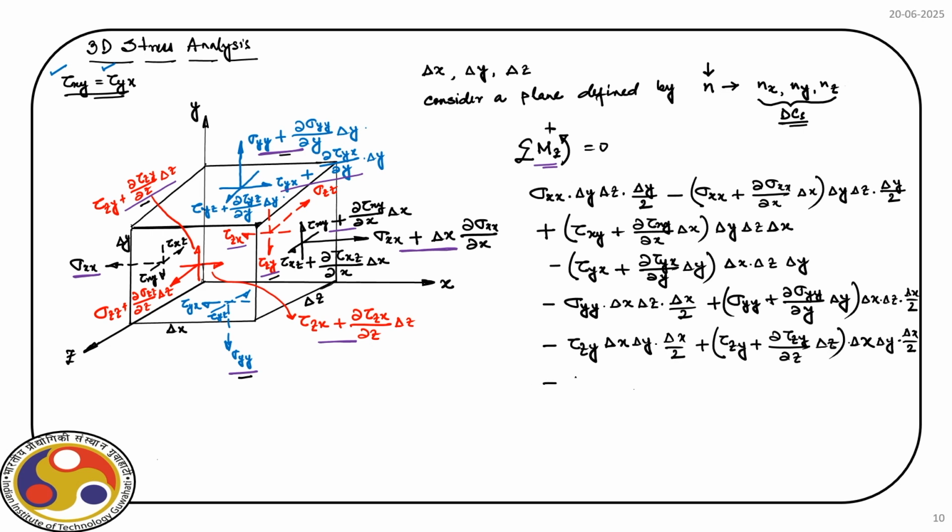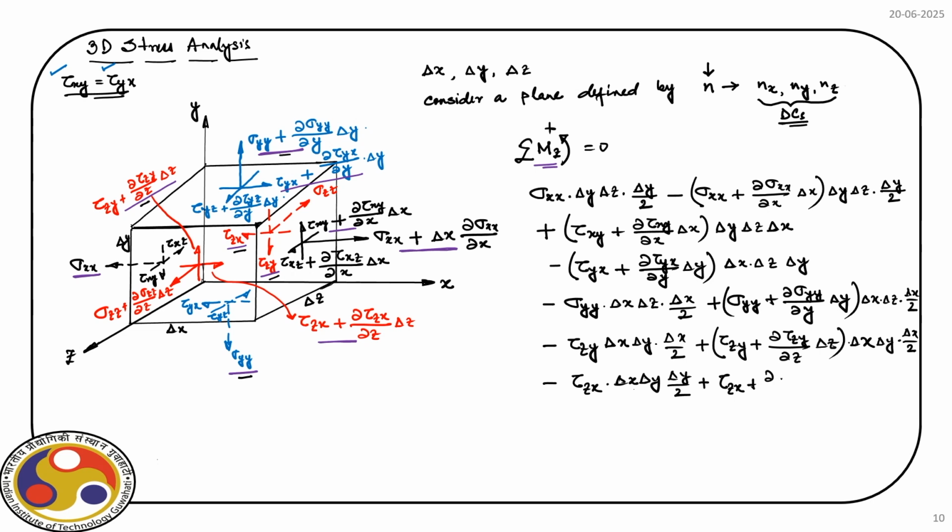So, we have tau zx, then it is acting over the area delta x times delta y and the lever arm is delta y by 2, right. Tau zx it is here plus tau zx plus its variation.